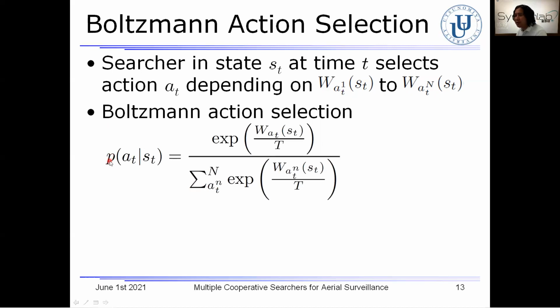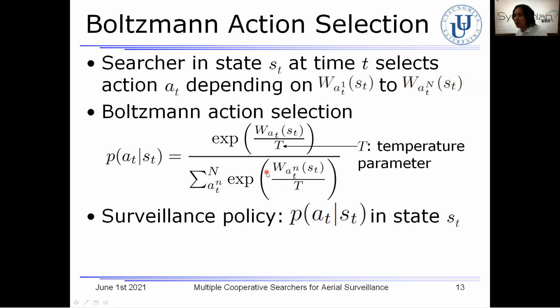For Boltzmann action selection, each action weight is converted to this following probability, where T is the temperature, which is a time varying parameter. This probability increases as the action weight is increased. So an action with higher weight tends to be selected. Thus, the Boltzmann action selection through state action mapping is a kind of the surveillance policy for the searchers.